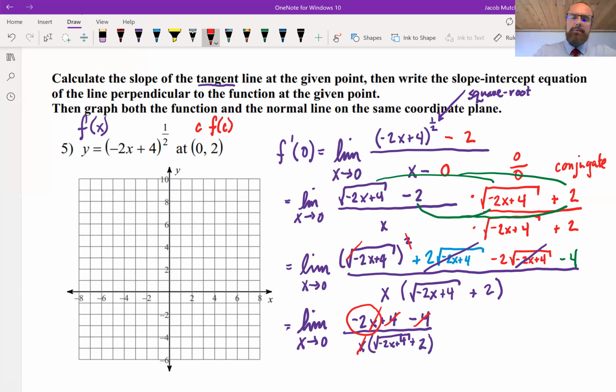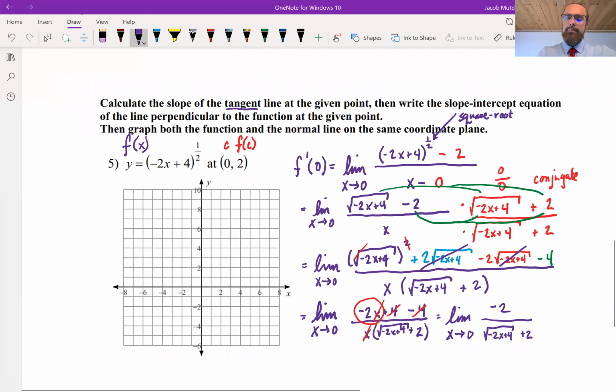And this is now simply the limit as x approaches 0 of just -2. Look how that numerator is simplified way down, over the square root of -2x plus 4 plus 2. So at that point, we're ready to use direct substitution to evaluate that limit.